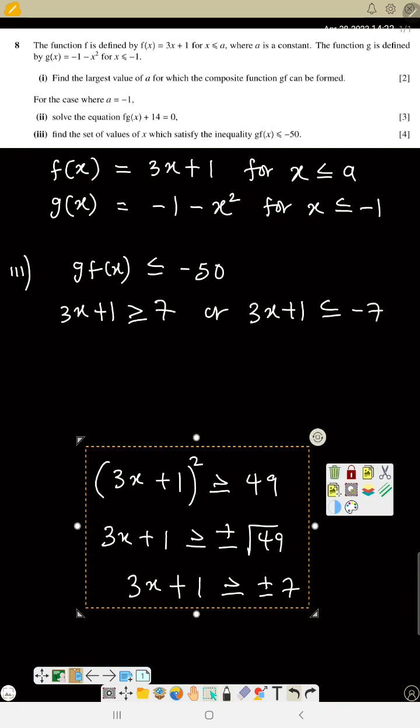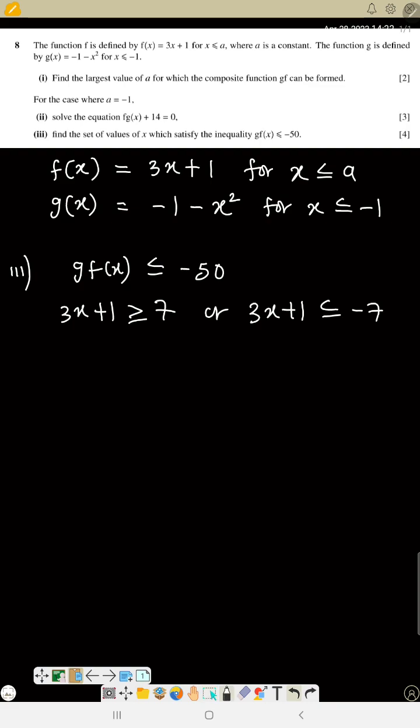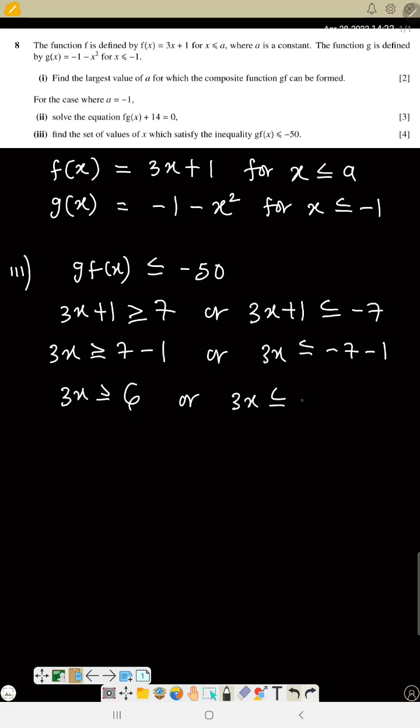So that's the inequalities. So now for this one, it means 3s is greater than or equal to 7 minus 1, or 3s is less than or equal to minus 7 minus 1. 3s is greater than or equal to 6, or 3s is less than or equal to minus 8.